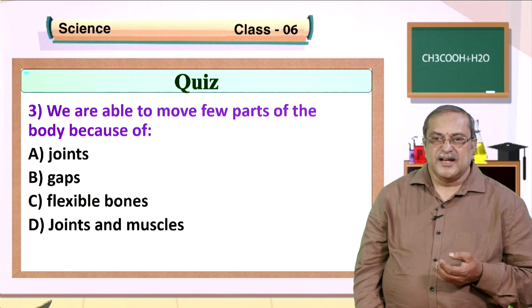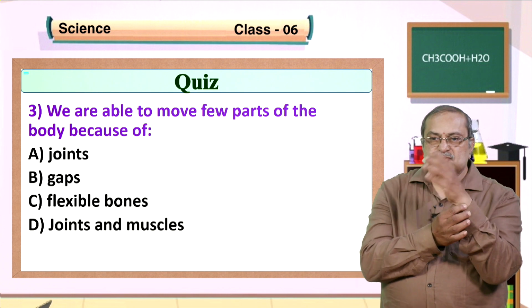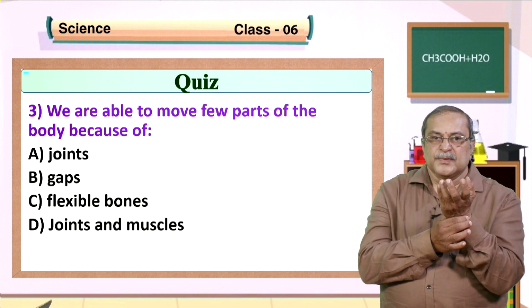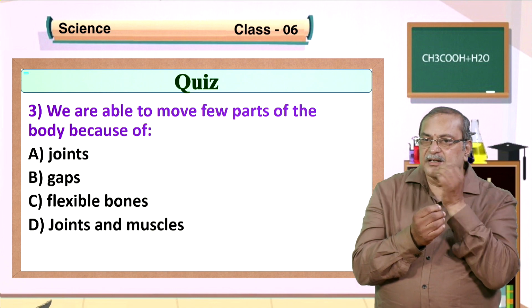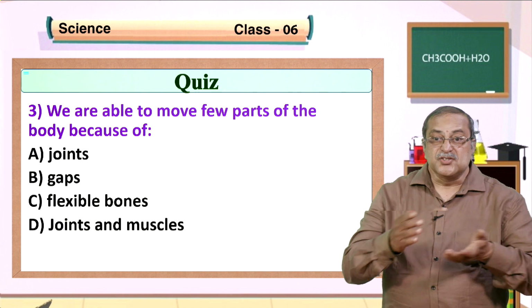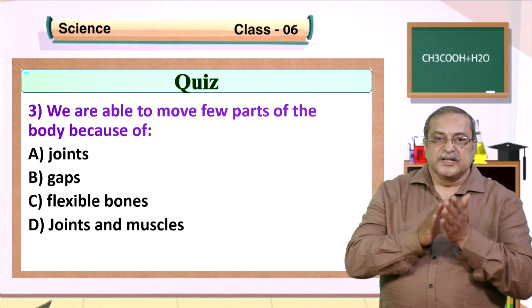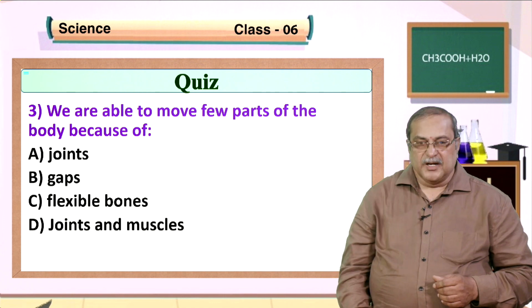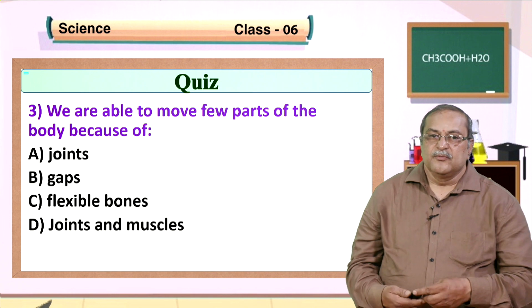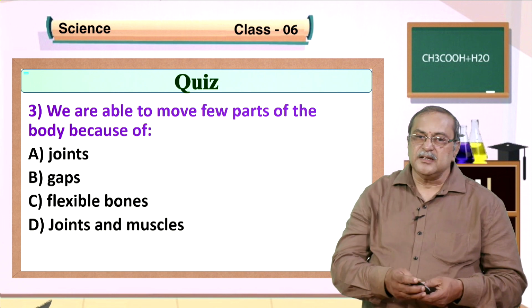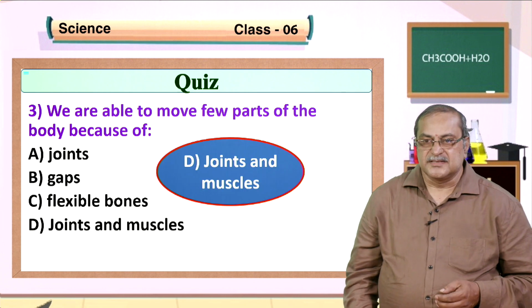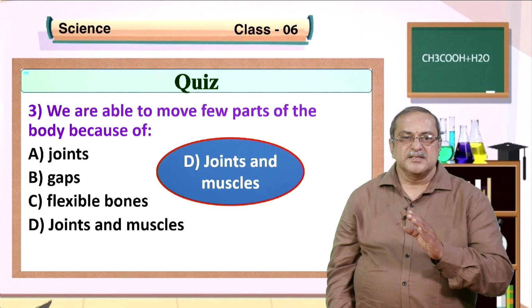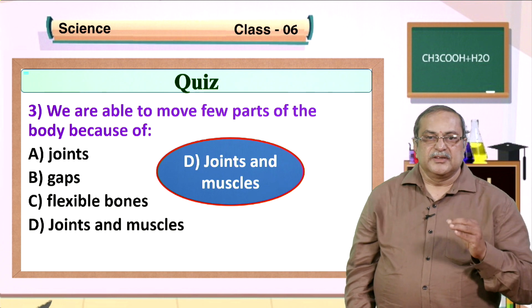We told that at the joint we can move, and gaps are also there, and flexible bones such as the ear and nose tip, and joints and muscles are there. So, we can bend or move a part of the body only if there is a joint as well as a muscle. That is the answer, joints and muscles. We can move the parts if the joint is connected with the muscle.